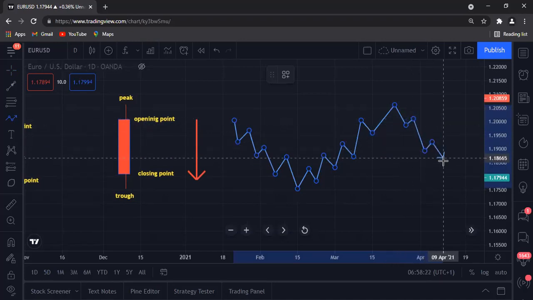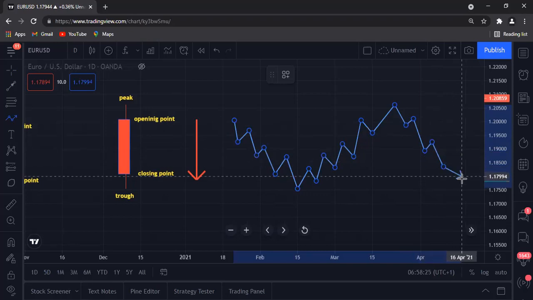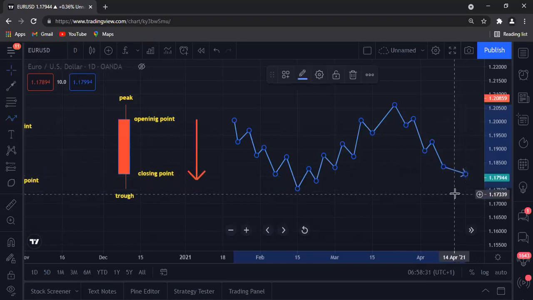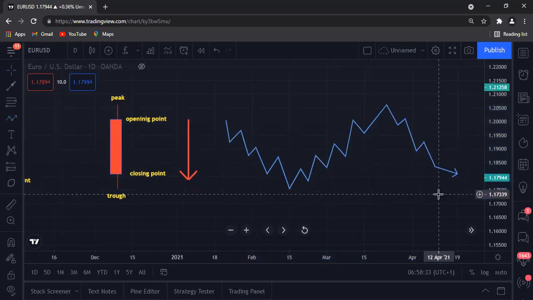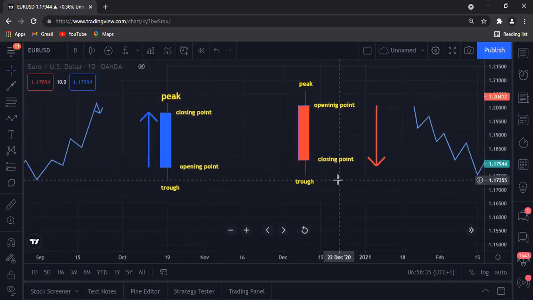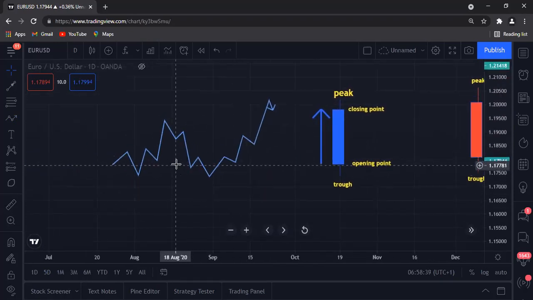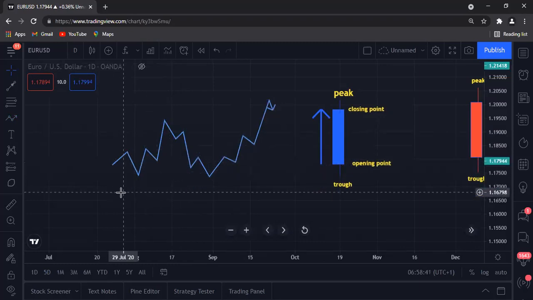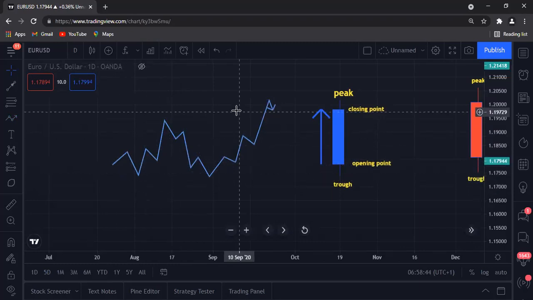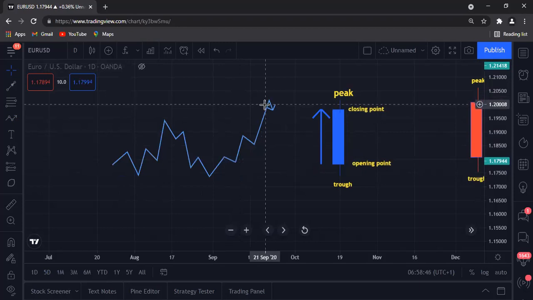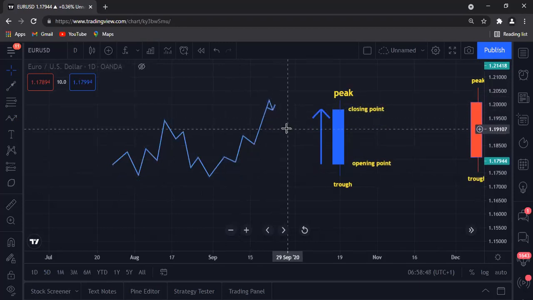Whichever direction it goes, just know it's coming back to close at this point, the closing point. You understand? Look at the bearish. It started from the opening point, ranged, got to its trough, went to its peak, and closed back here.